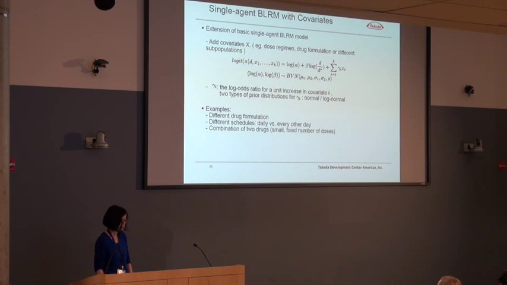Or if you are trying different dosing schedules in your dose escalation study, you can also formally incorporate that here. Another scenario where you can use the BLRM with covariates is combination studies, but not entirely novel combinations where you have no idea where the two doses are.